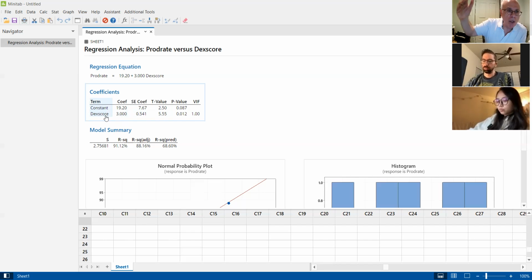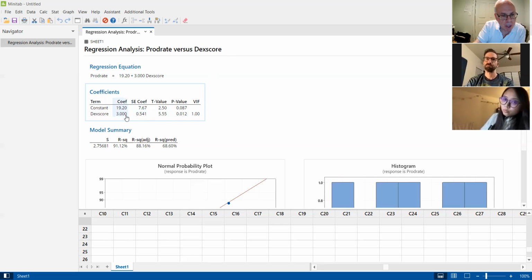But if there was another predictor, maybe age could be a predictor, who knows? So it would have its own beta like that, all right? But we're only dealing with one predictor or independent variable, and that's why it's called dex score. It's not referring to the x, it's referring to the beta that's multiplying that x, the slope.